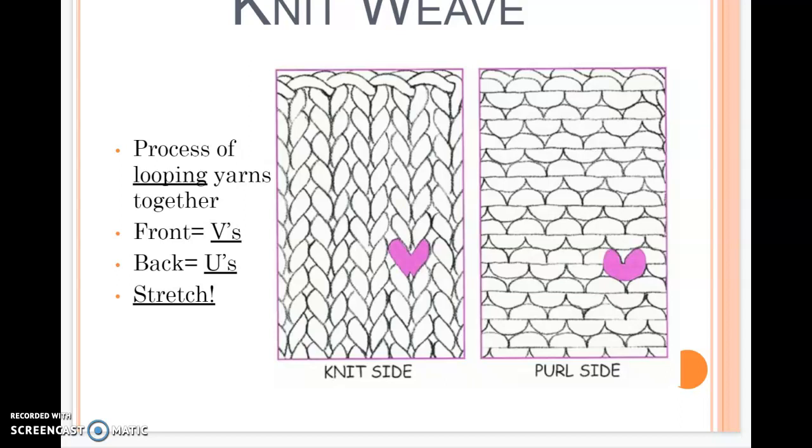And a knit also, so say this knit here got cut or snagged or broke, it is very hard to fix because it's one yarn looping together. So that hole would continue to grow because this would all start to unravel because it's all the same yarn.